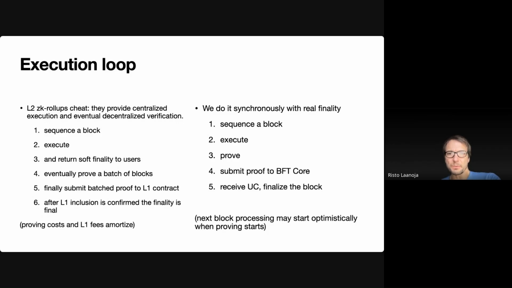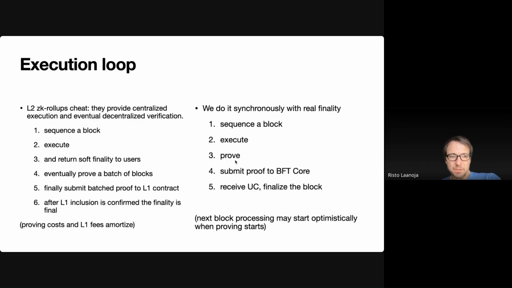So how does it work? First, we collect transactions. We put together a block. We execute the block, and then prove, or create a zero-knowledge proof, that the block was executed correctly. And then we submit the proof together with state transfer requests to the BFT core as a usual transaction.